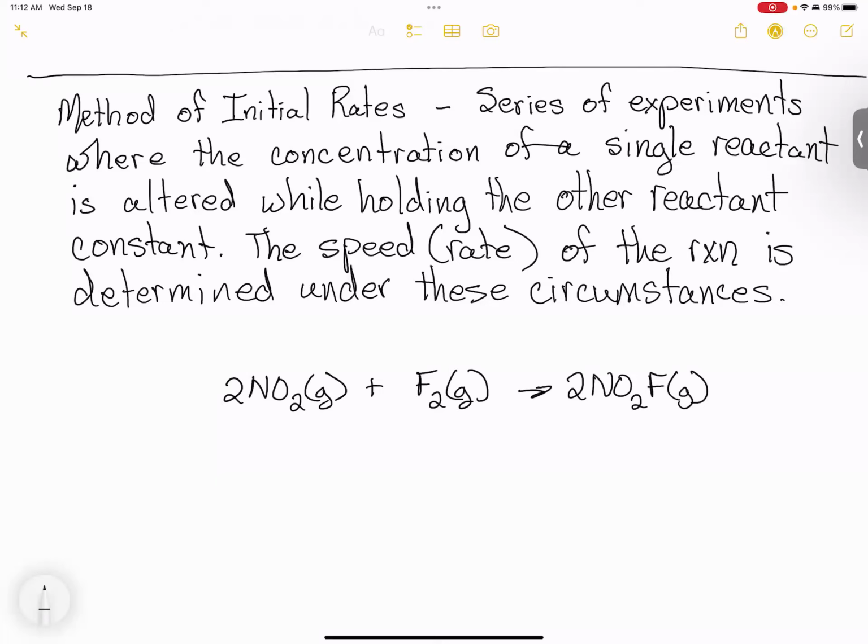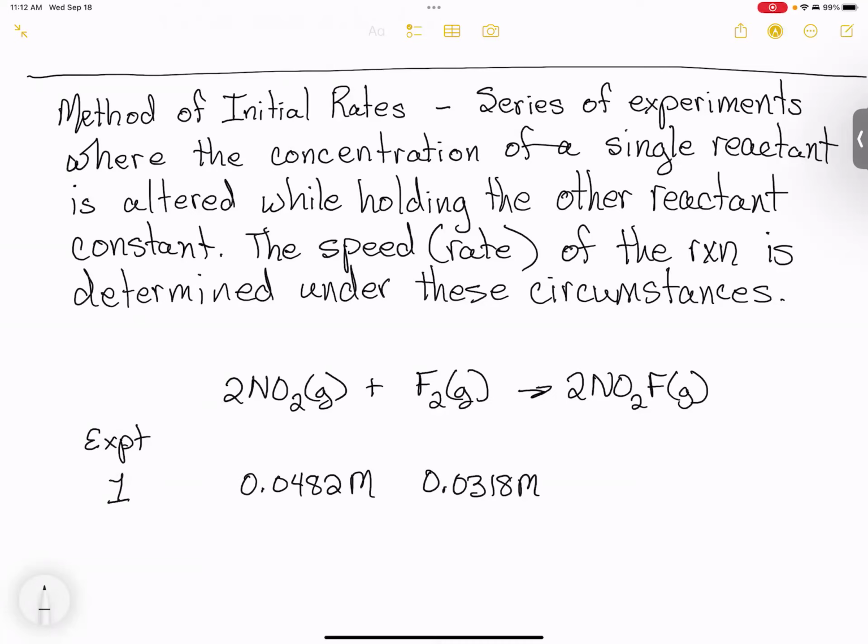I perform a series of experiments. So my experiment 1, I am going to use 0.0482 molar NO2 and 0.0318 molar F2.